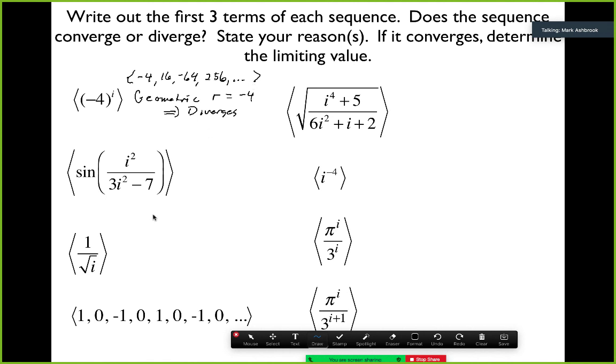Next one. So what do we see in here? We have sine of this function. The degree of the denominator and the numerator are the same, so we can take the ratio. What we notice is the argument of sine is a rational function.